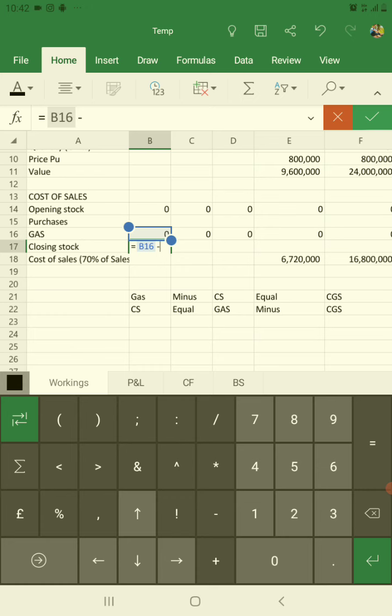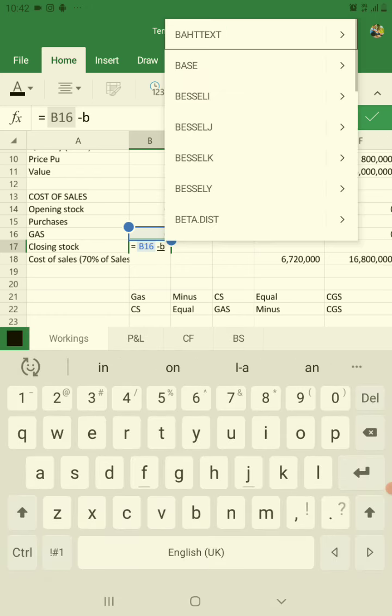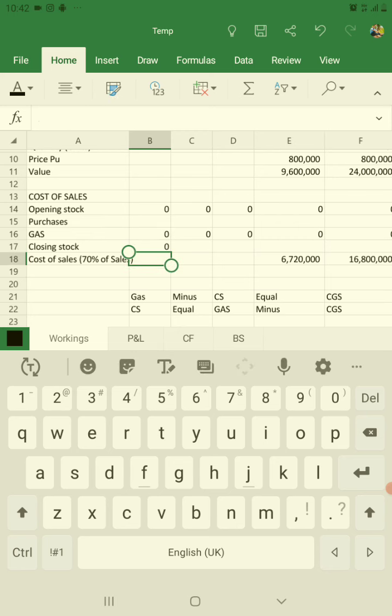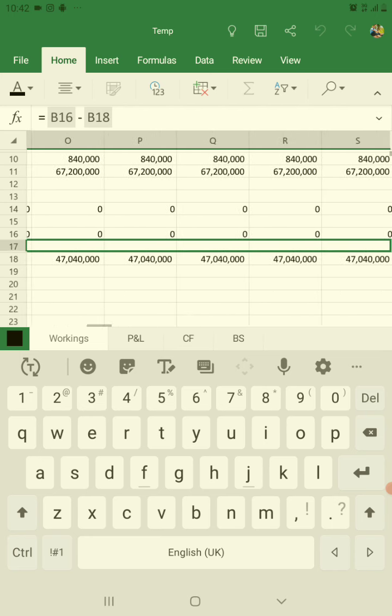Let me just type the number, B18, enter. Okay, so that is my closing stock, and I'm going to fill it to the rest of the projection period because it is going to be true.